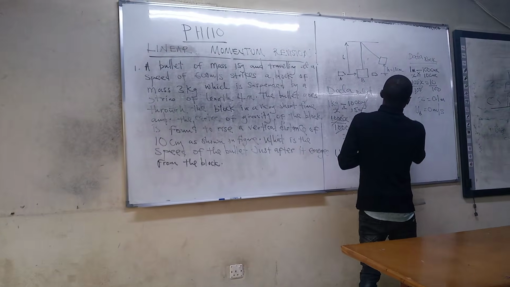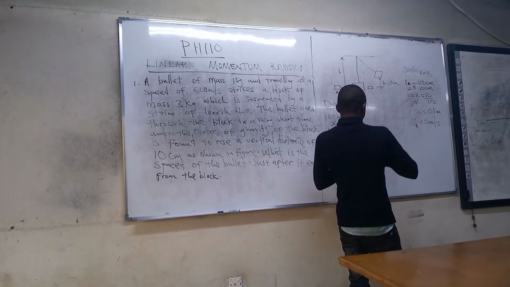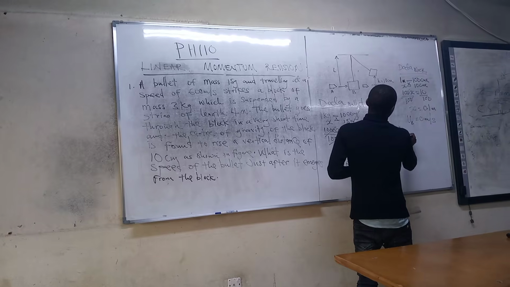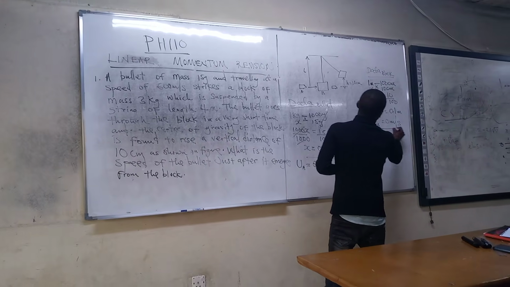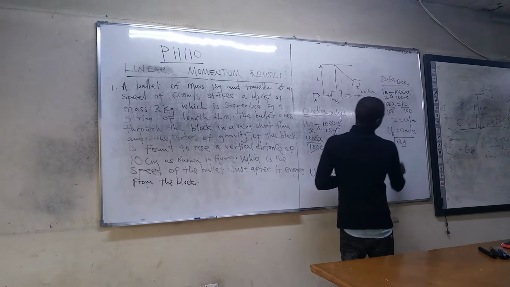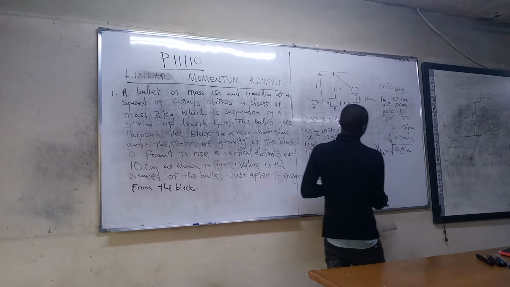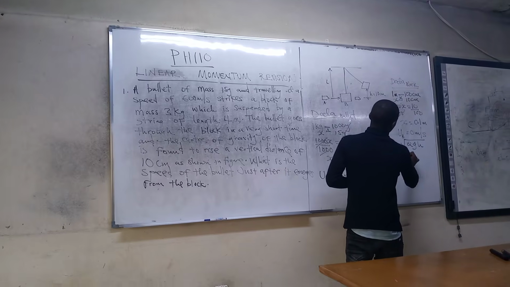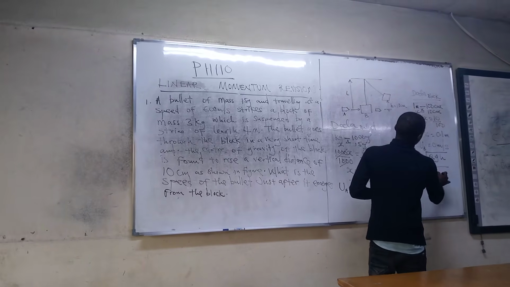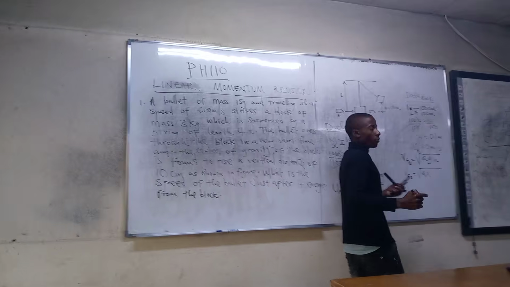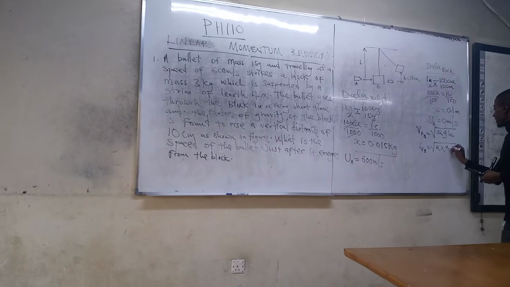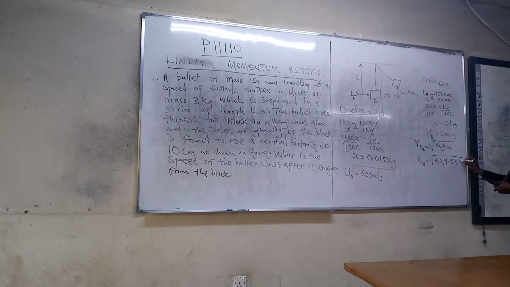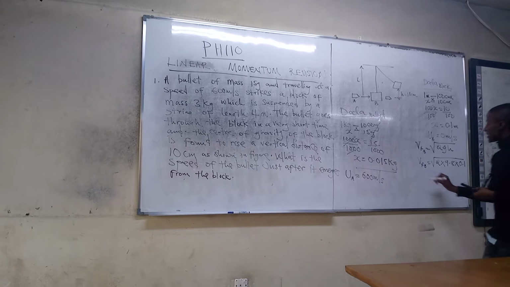So the final velocity of block B is equal to the square root of 2 times acceleration due to gravity, that is 9.8, times the height that you have converted, which is 0.1 meters.